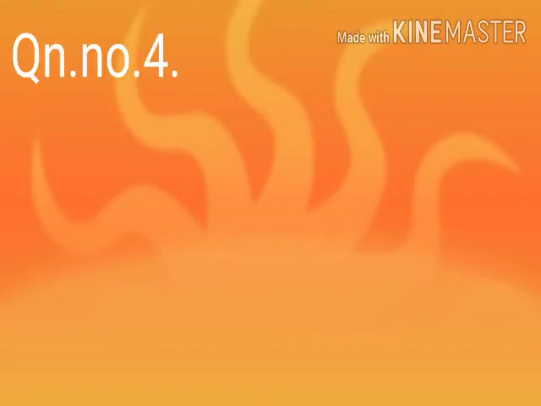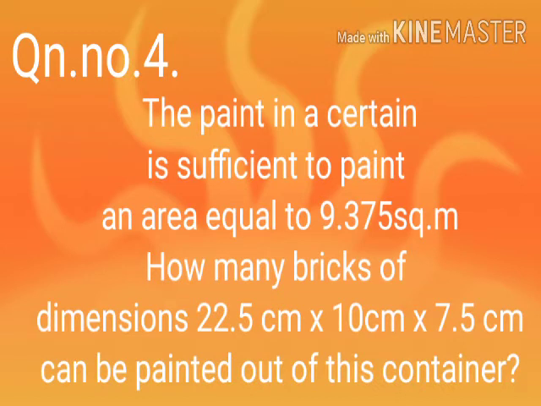Now question number 4. The paint in a certain container is sufficient to paint an area equal to 9.375 meter square. How many bricks of dimensions 22.5 centimeter by 10 centimeter by 7.5 centimeter can be painted out of this container?